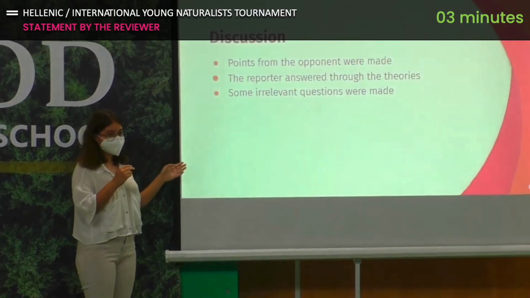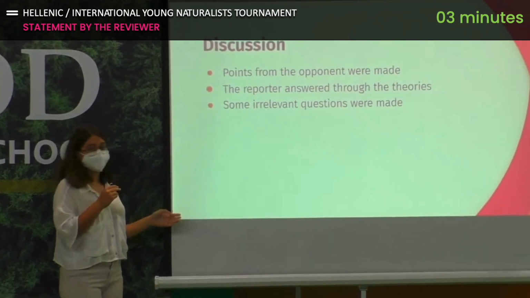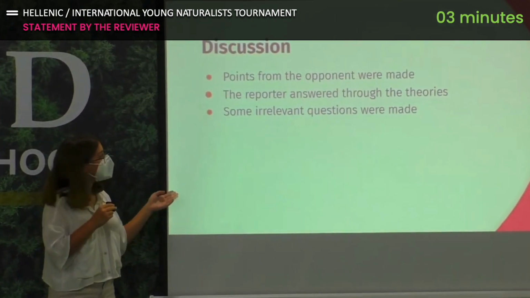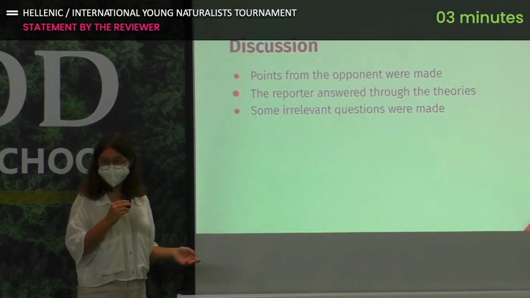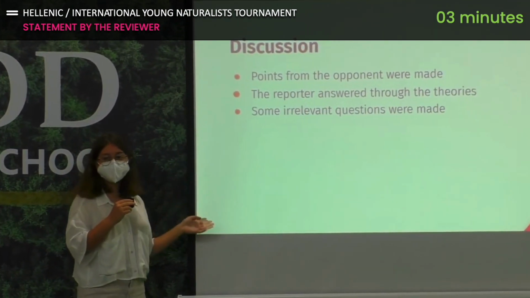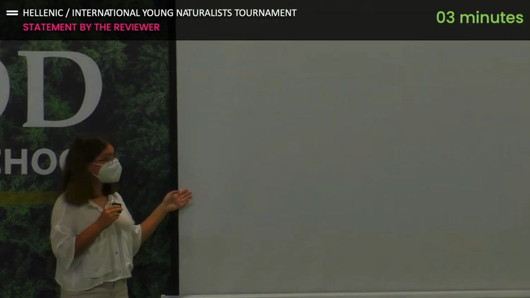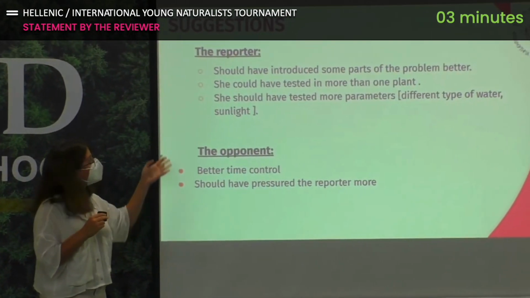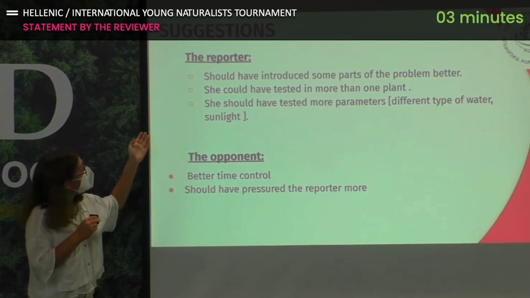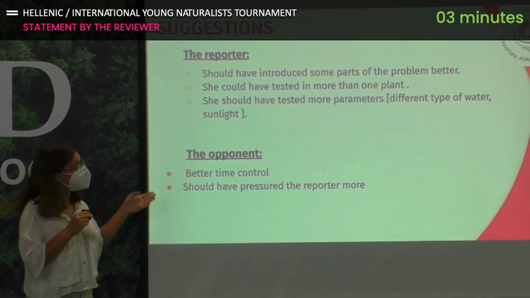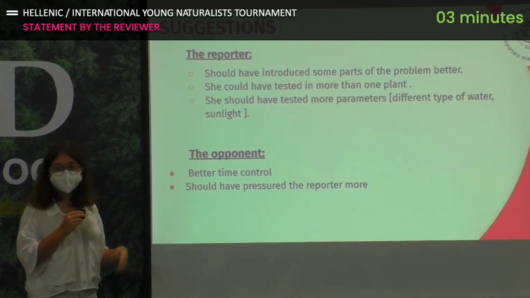Now for this discussion, the points for the opponent were made and they were pretty nice. The reporter answered them through their theory and was very confident about them. Some relevant questions were made, but I feel that this is okay. Now for the reporter, some suggestions that I have to make. I should have introduced some parts of the problem better for us to understand it more clearly.